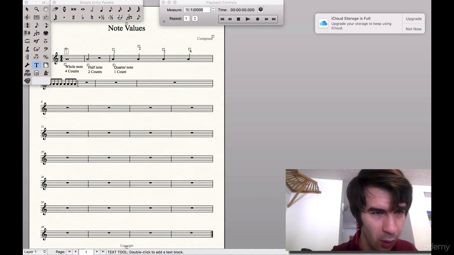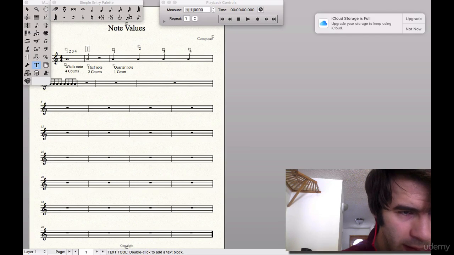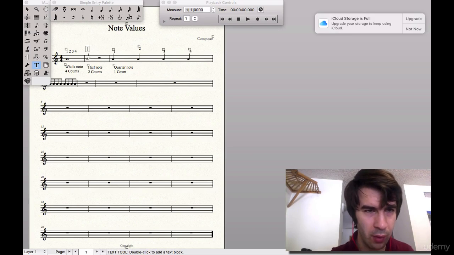And the whole note altogether would have 1, 2, 3, 4 on it. All counts would be on that note, and you would just hold it for 4 counts. On the half note, you would have it divided up into groups of 2, since there are 2 quarter notes within one half note.